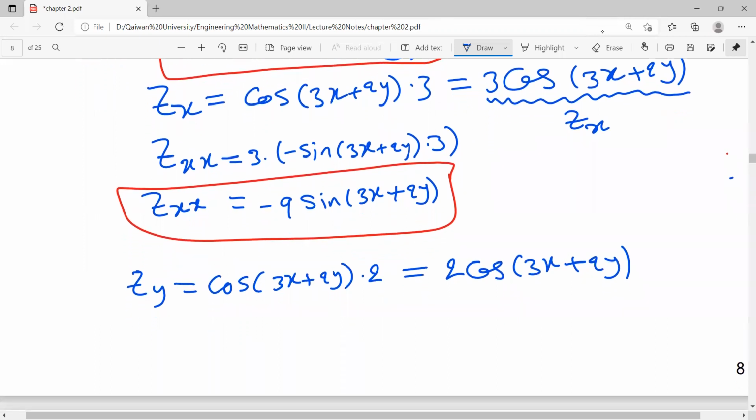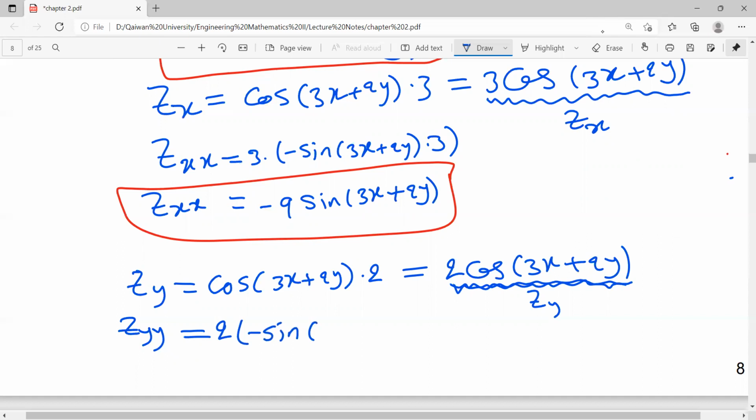Okay? And then to find z sub yy, we are going to find the derivative of this function. This is z sub y. To get z sub yy, we should take another partial derivative of the result for z sub y with respect to y. So you get 2 times the derivative of cosine, which is minus sine.